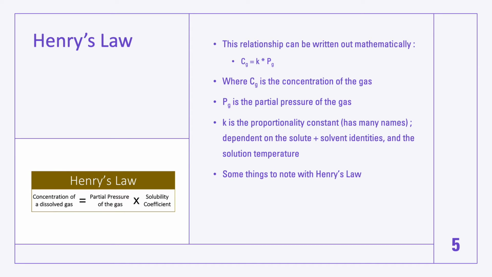Cg is our concentration of the gas, Pg is the partial pressure of the gas, and K is the proportionality constant. This has many names. It's been called Henry's constant, the gas constant, and it depends on the solute and solvent's identities, as well as the solution's temperature. There are a couple things that we have to remember while using Henry's law, and we'll look at those on the next slide.